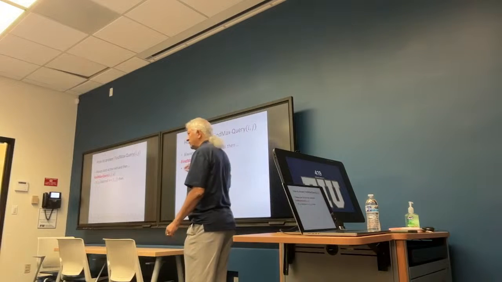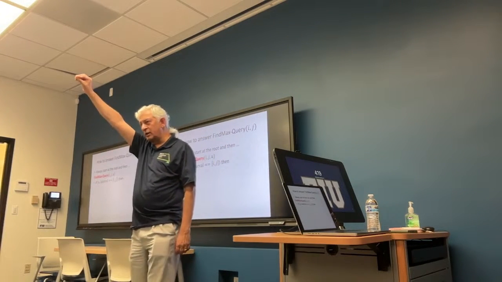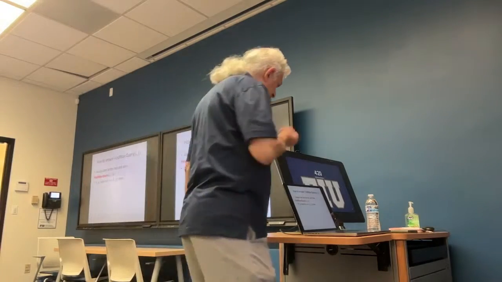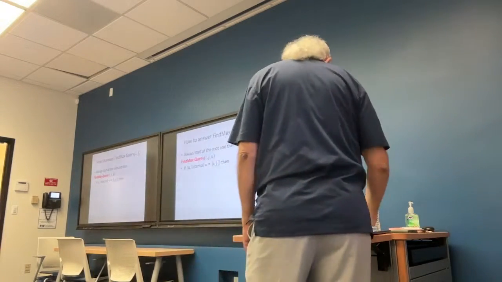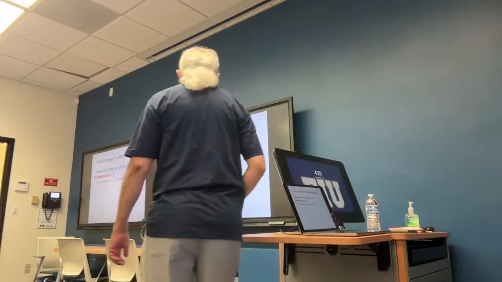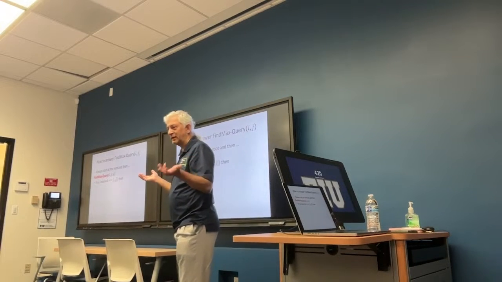So think of u as the node in the tree, any generic node in the tree. We start with the root. So we ask this query: does the node u contain the interval i, j? That's really the question we'll keep asking.